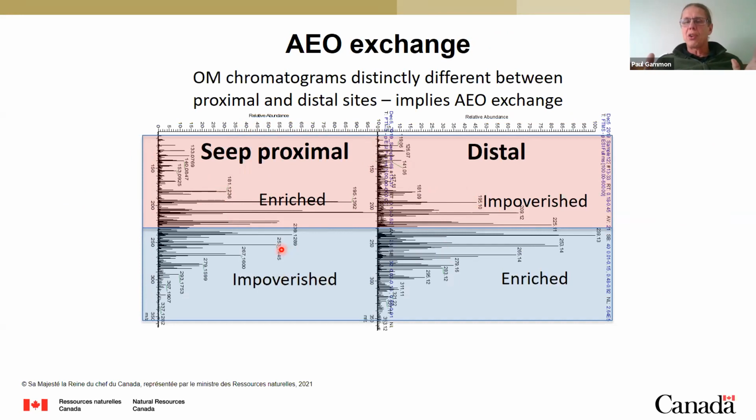That suggests to me that what we've got is a pretty strong exchange process. In fact, the even oxygen AEO components are basically competing for sorption sites within the organic matrix, and swapping out components that were already there. Hopefully the isotope data will really help clarify exactly how that's happening.